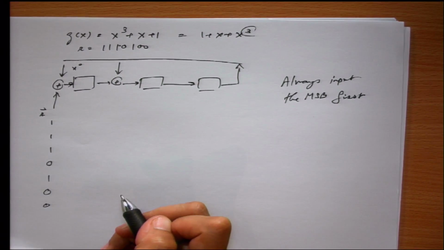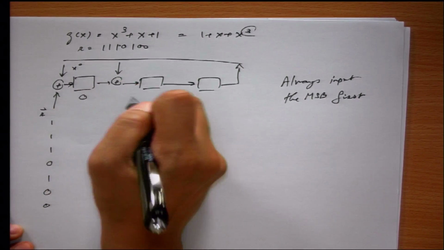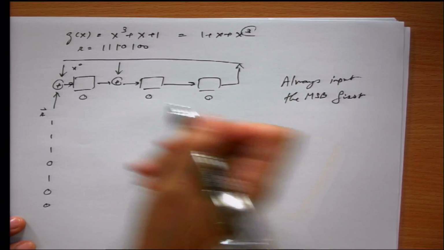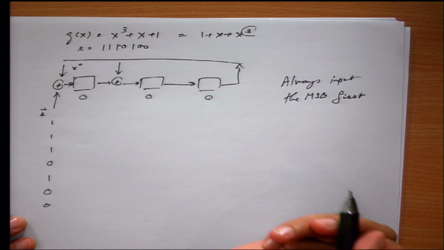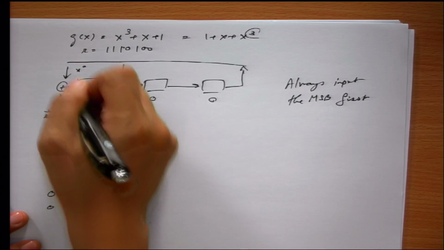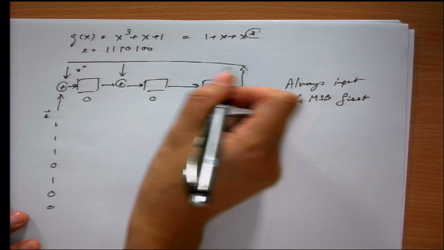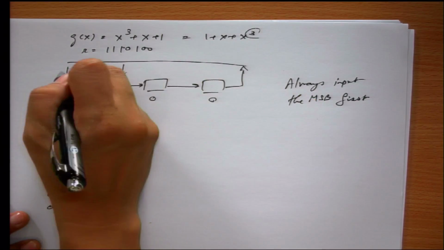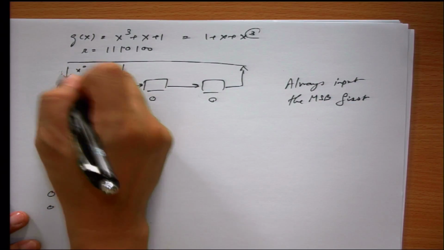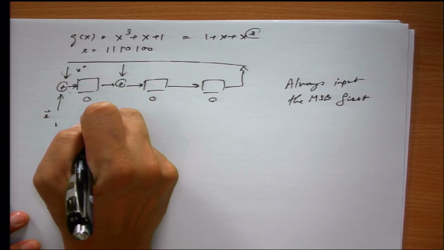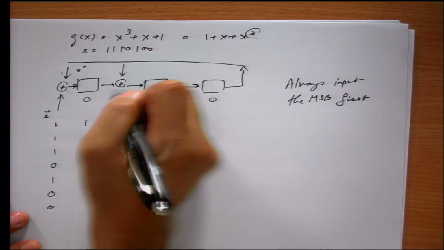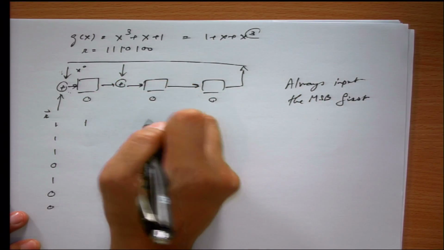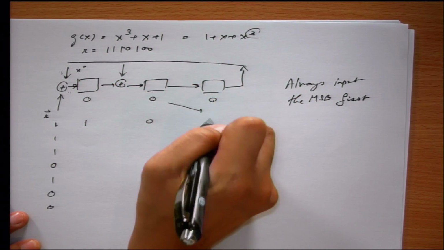At first, 0 is initialized. Then when 1 comes in, 0 plus 1 is 1, right? Then 0 plus 0 is 0. This is just a shift.